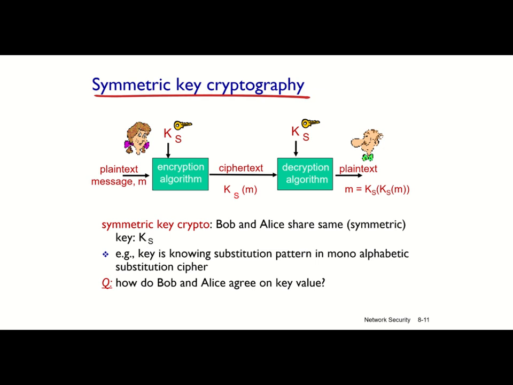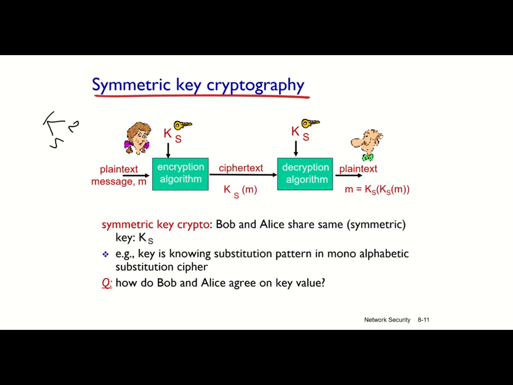So the conclusion is if you apply Ks twice on any plain text, you get the plain text itself. So Ks squared is equal to I, which is the identity function. Or you can say Ks is equal to Ks inverse.